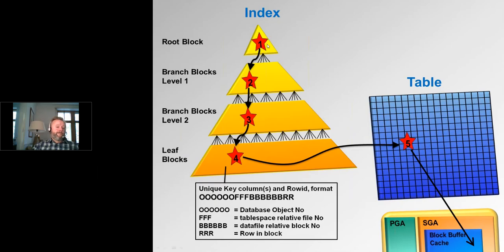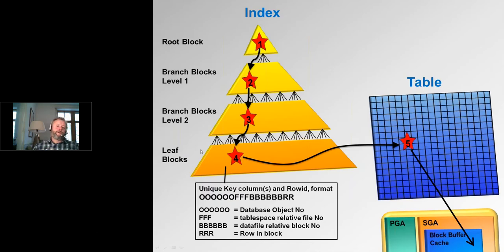So the root block can reference, depending on what you've indexed, whether it's an ID or a set of varchar2s, it could be referencing 100 entries, it could be referencing 200 entries. One entry there will reference up to 200 entries there, which will reference up to 200 entries there, which will reference up to 200 entries there.